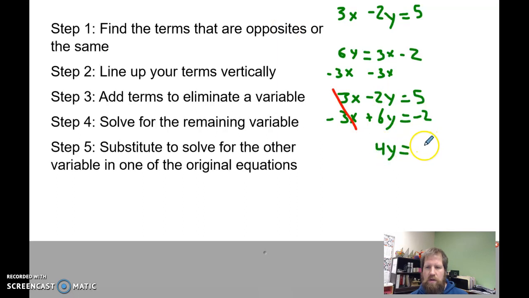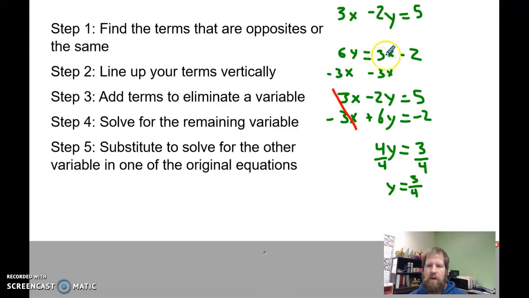That's going to equal, oh, I made these numbers not too nice. 5 plus negative 2 is going to be 3. 4y equals 3, or y is going to equal 3/4, which isn't too bad. Okay, y is equal to 3/4.